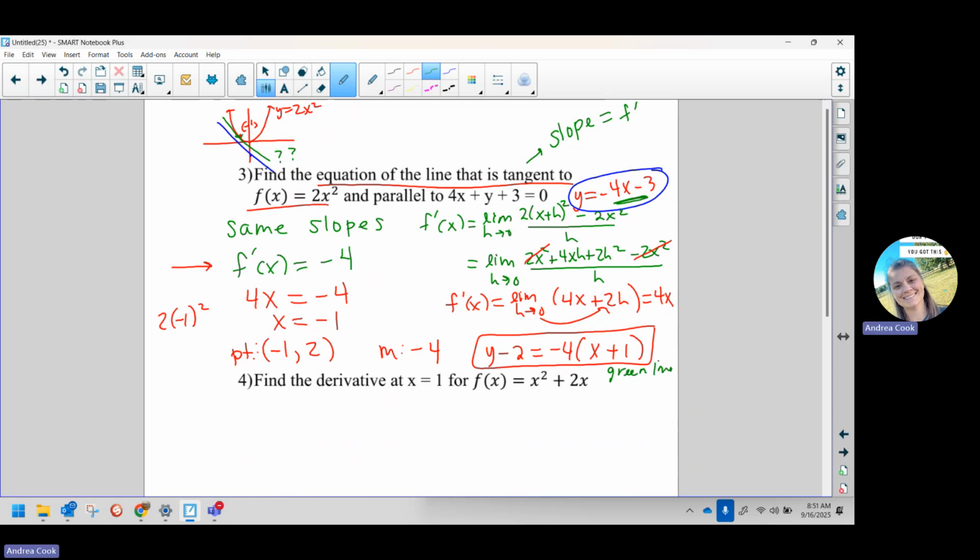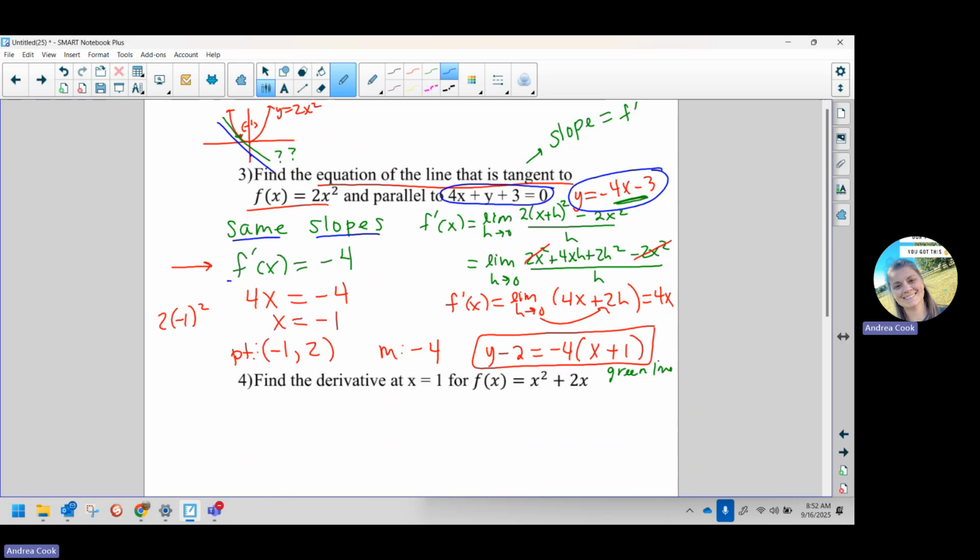All right, so recap, what we were trying to find was this green line in the picture. They gave us the blue line. So I knew that they were going to be parallel. So if I have the same slopes, well, the slope of a tangent line is the derivative.